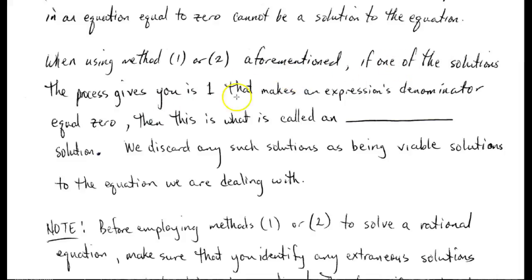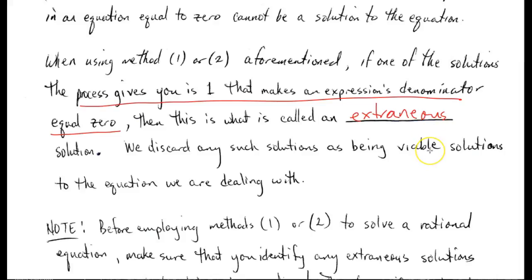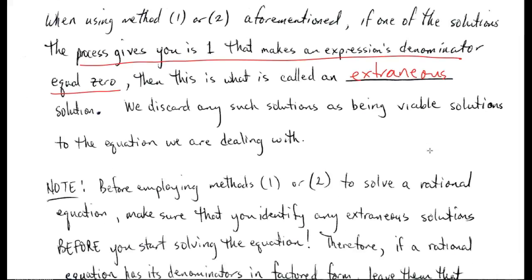If we have a situation where the process gives us a value of x that makes the denominator 0, then this is what we call an extraneous solution, okay? And that's just fancy for a solution that doesn't work, okay? And so we discard any of those types of solutions after we've done the whole process of solving the rational equation, okay?